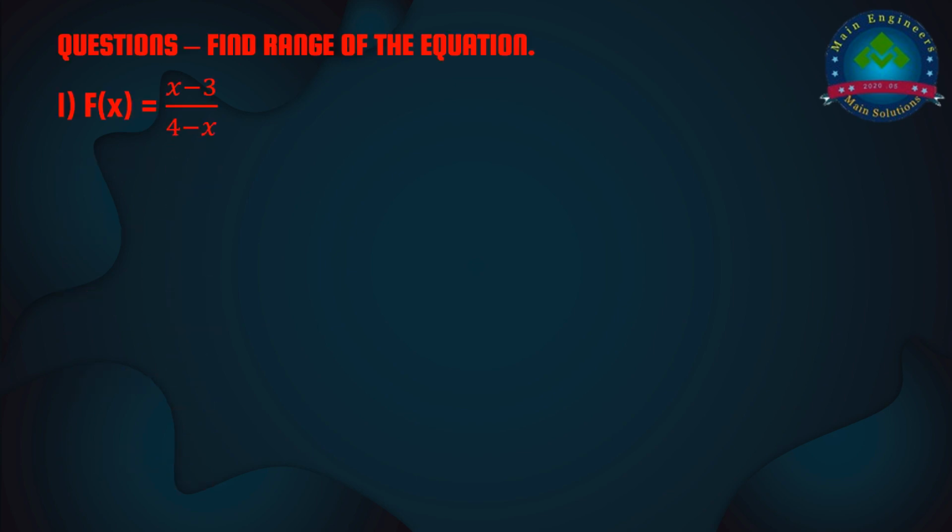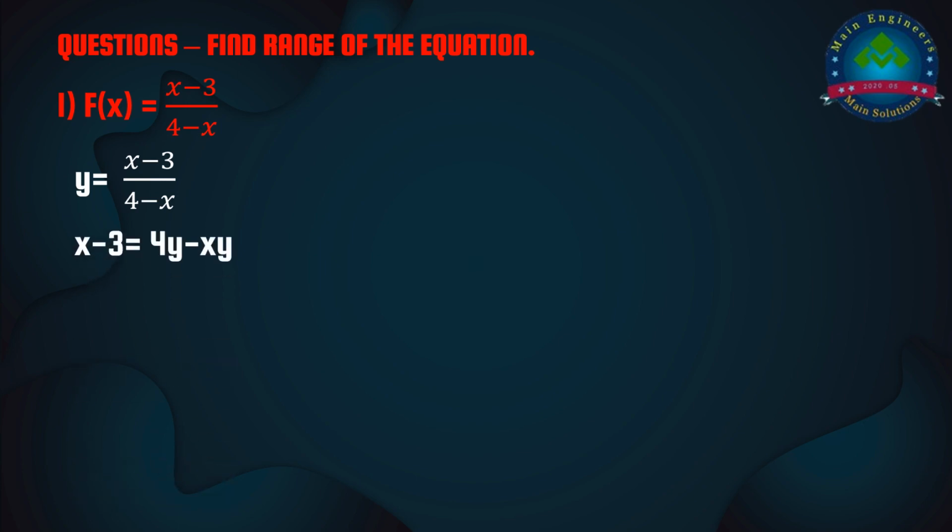So the first question, find the range of the equation. f(x) is equal to (x minus 3) divided by (4 minus x). The first step is put y equal to f(x), so y is equal to (x minus 3) by (4 minus x). Step 2 is express x as a function of y. Just do the cross multiplication.